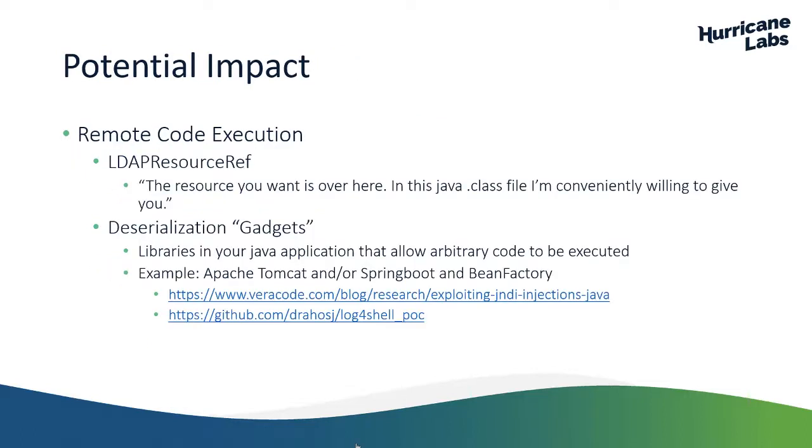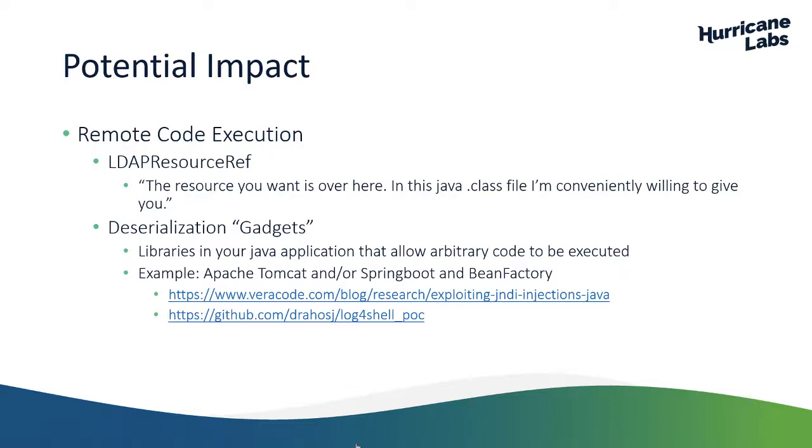So what's the potential for impact from having this vulnerability exploited? Well, first and foremost, this vulnerability could lead to remote code execution. The most common method I've seen being exploited in the wild and with security researchers is called LDAP resource ref.